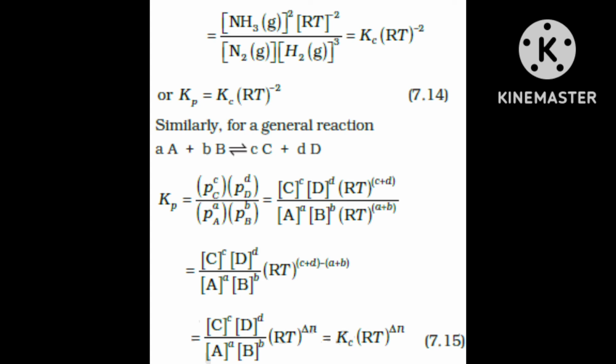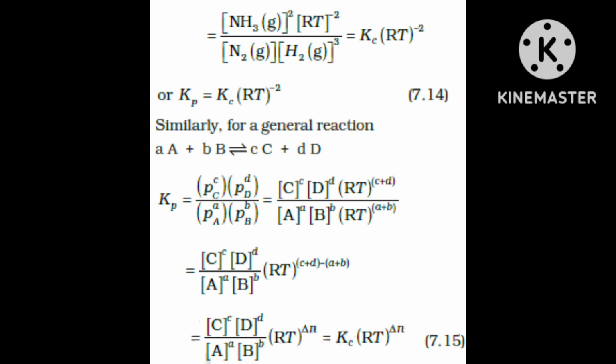Then, in general, how are both related? Because the number of moles of reactants and the number of moles of products will vary according to the reaction. So in a general way, how will you write it?